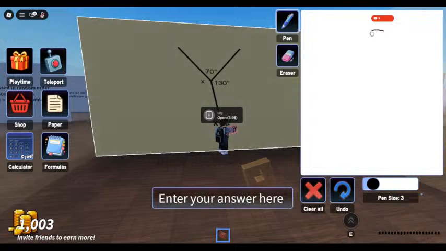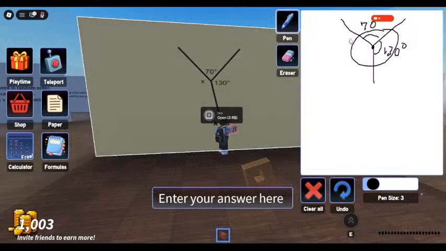Now here it forms a full circle. Imagine this as a circle. That's the angle of it. This is the center of it, and we have this. This is 130 degrees, and this is 70. So how do we get this part? We all know a full circle is 360 degrees.